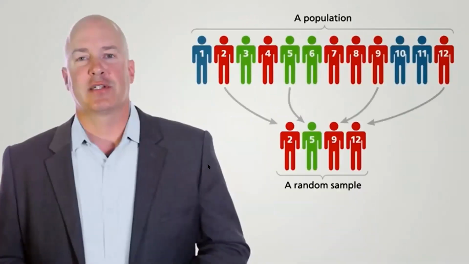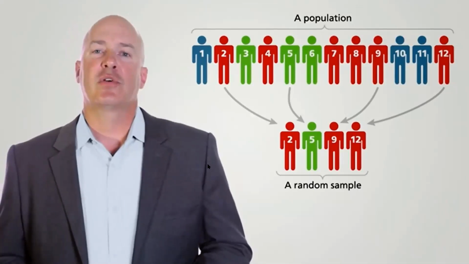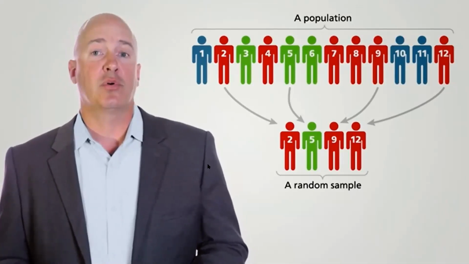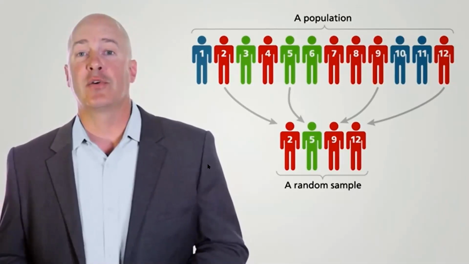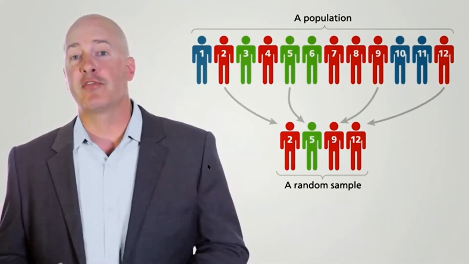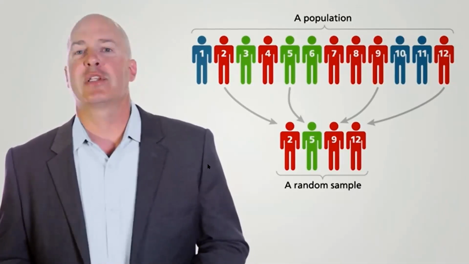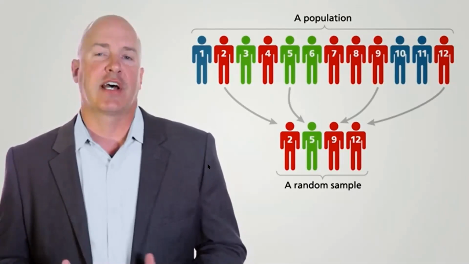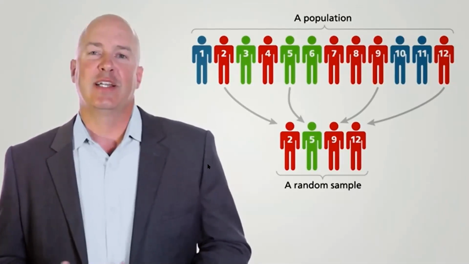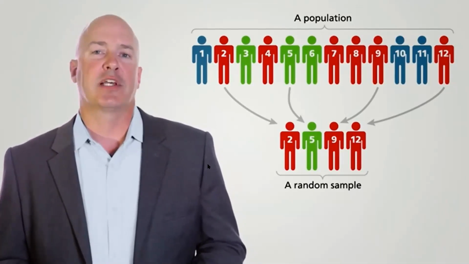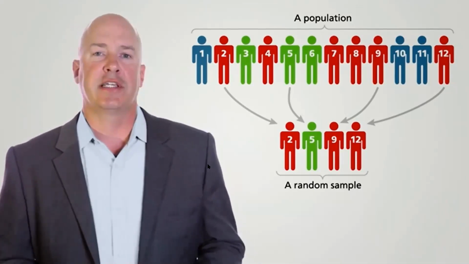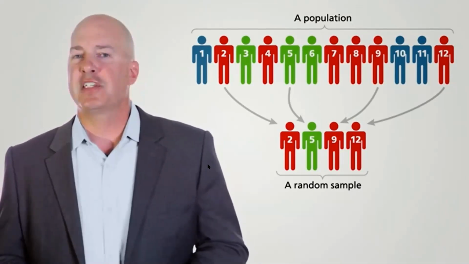Students review the concept of a population and then focus on how using a sample or subset of a population can yield information about the entire population, if the sample is randomly selected. They learned that a representative sample accurately reflects the characteristics of the entire population. In a random sample, each member of the population has an equal chance of being included. A random sample tends to be a representative sample.